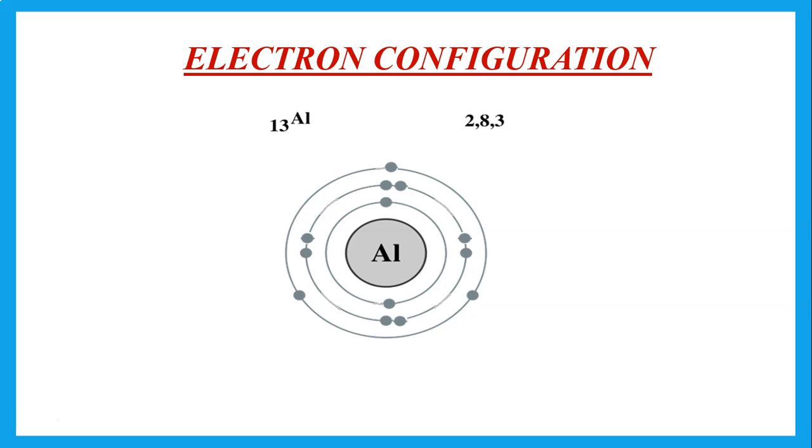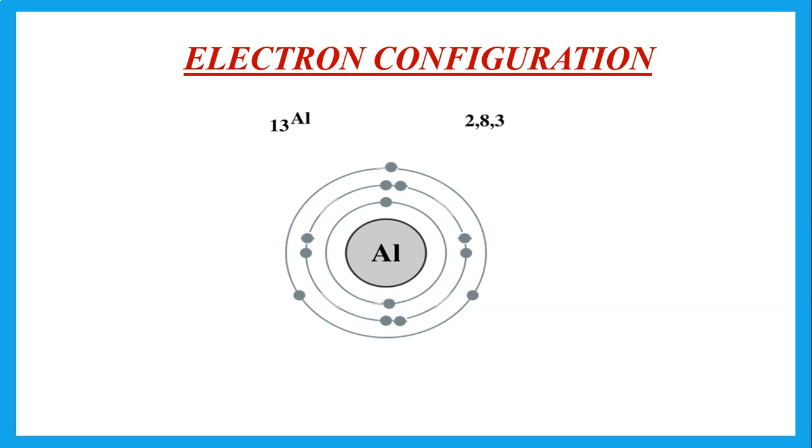Okay, then we know how to arrange the electrons around the nucleus. The arrangement of electrons around the nucleus is called the electron configuration. So if I look at aluminium in the periodic table, I find that the small number is 13. That tells me that I have 13 electrons. How are we distributing 13 electrons around the nucleus? You should remember that the electrons are revolving around the nucleus in energy levels. The first energy level, the one nearer to the nucleus, takes only 2 electrons.